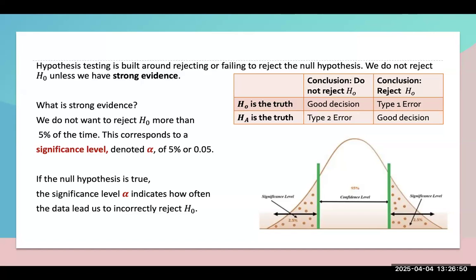So here I have an image of a normal distribution. And notice that I have a confidence level of 95%. When I have a confidence level of 95%, that means 5% of the data is in the tails. And because this distribution is symmetric, if we divide 5% in half, we get 2.5% in the left tail and 2.5% in the right tail.